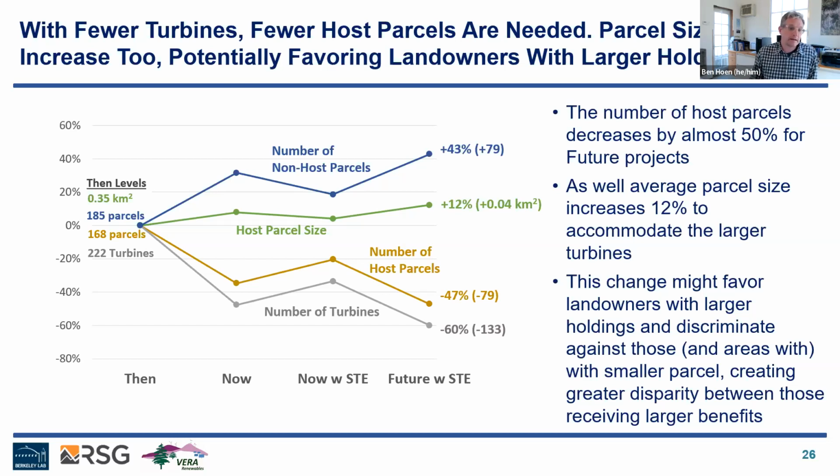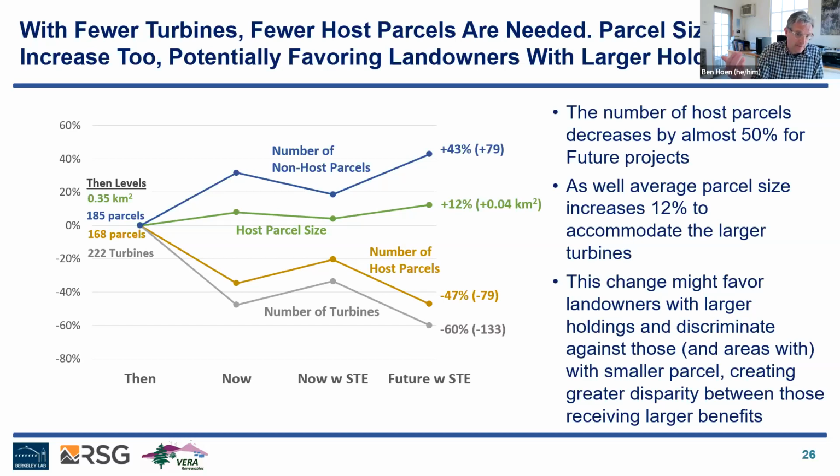And in the past, often they were given the lion's share of the benefits in terms of financial remuneration. Other agreements might be signed with individuals that might have been a possible location for a host turbine, but ultimately didn't get it in the final shakeout of where the turbines would go. They might be getting some remuneration, but not as much as the host.